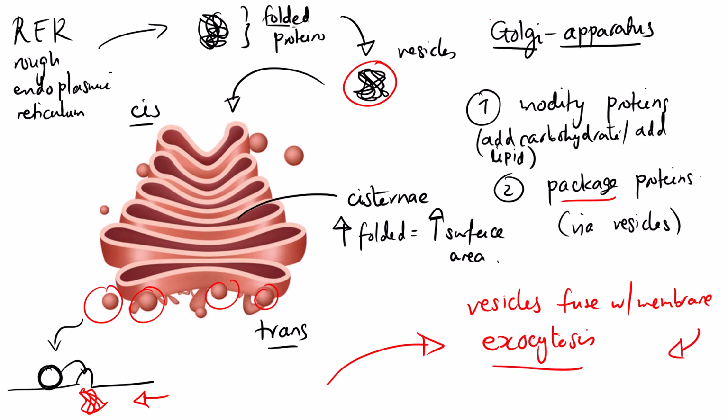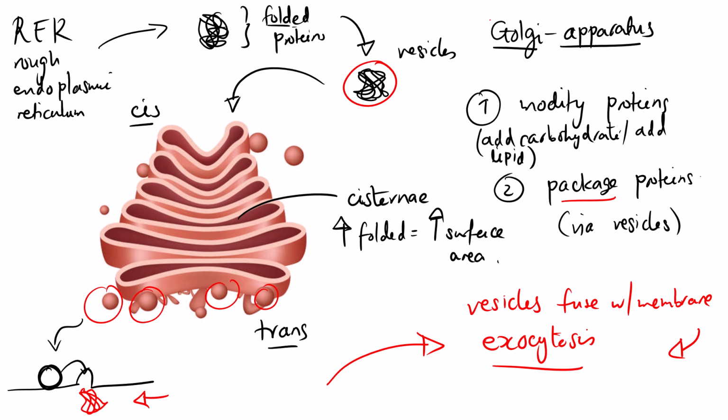So let's take it from the very beginning again. We've got the rough endoplasmic reticulum, you've got folded proteins, these get carried by vesicles. The vesicles then go to the cis face of the Golgi apparatus, you've got cisternae, and in between those sacs you've got modification occurring, where you add carbohydrates, lipids, cholesterol, different biological molecules to that protein.